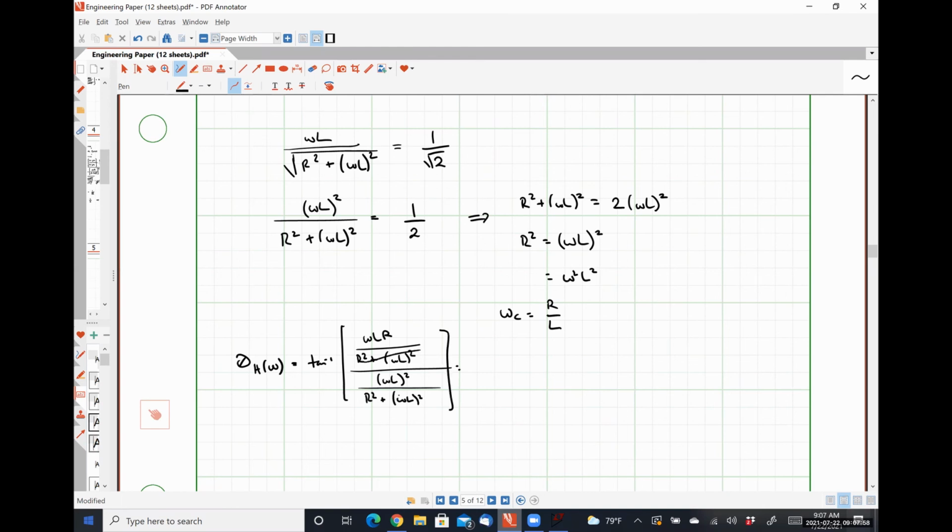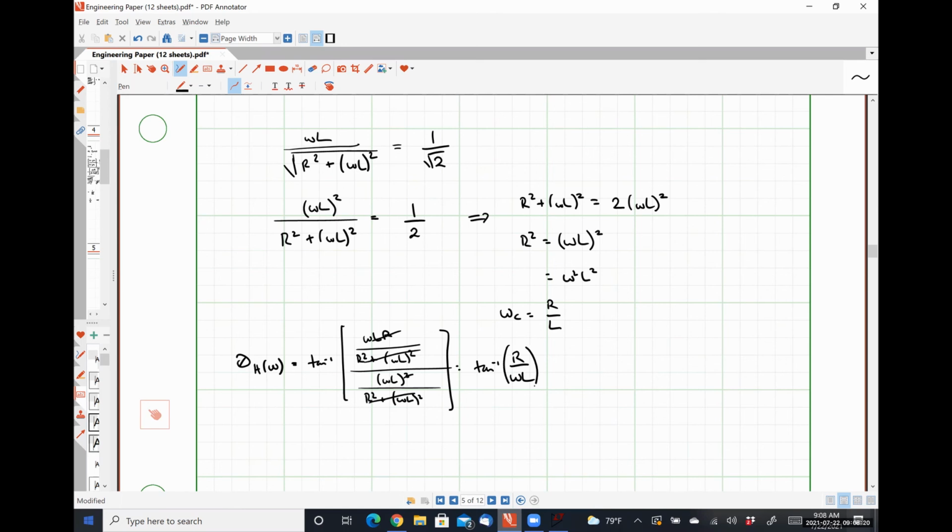So our denominators cancel each other out, and then an L R cancels out one of these powers such that we get the inverse tangent of R over omega L.